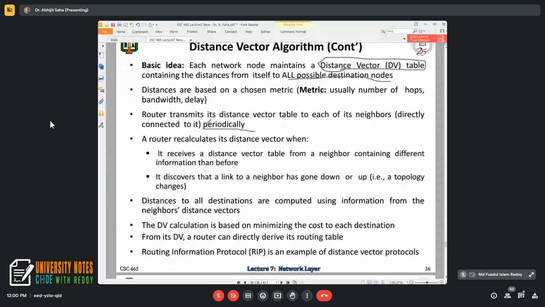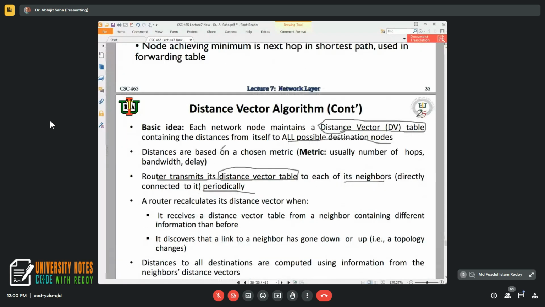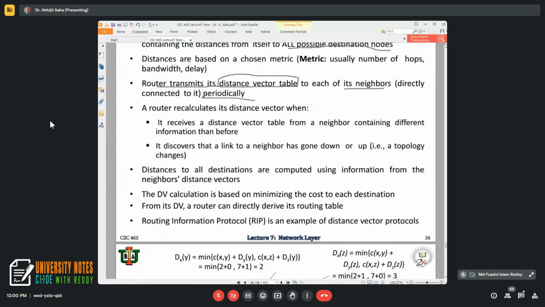Of course, the neighbors need to be direct neighbors. For example, here the direct neighbors of U are V, W, and X. Each of them transmits to its neighbors periodically.